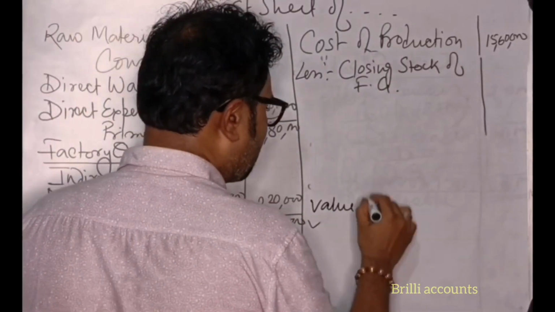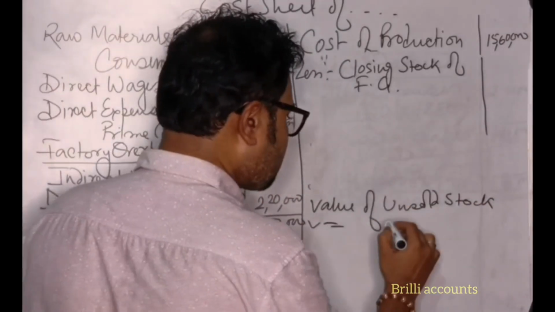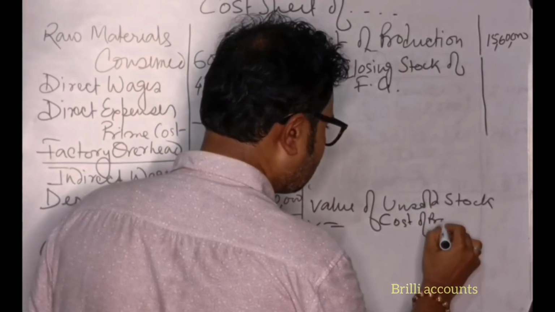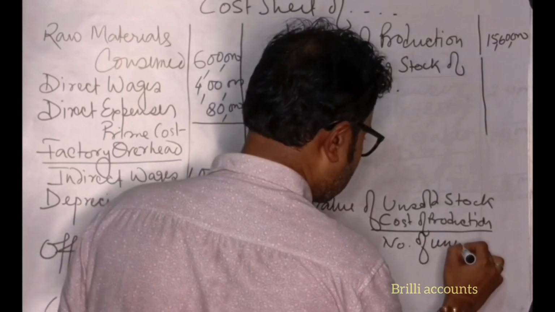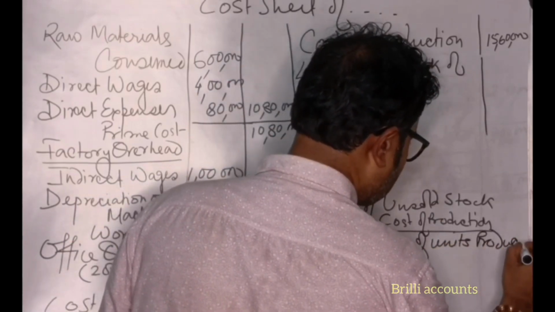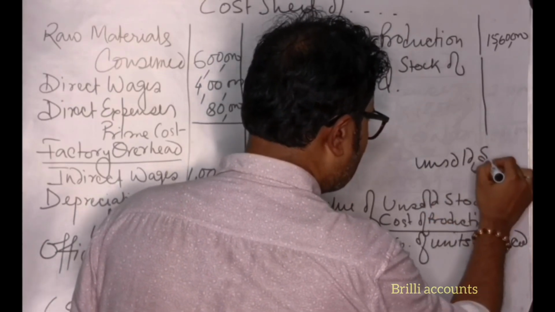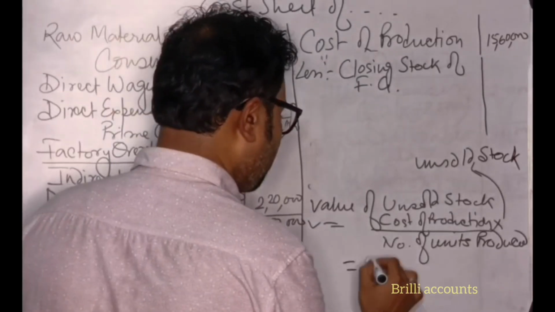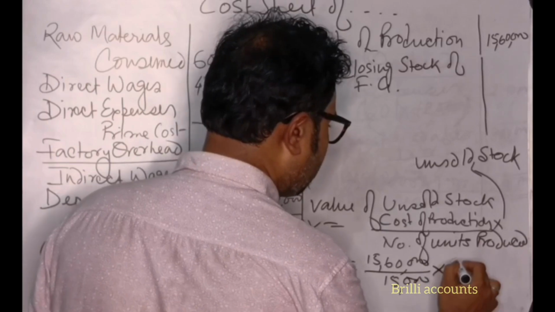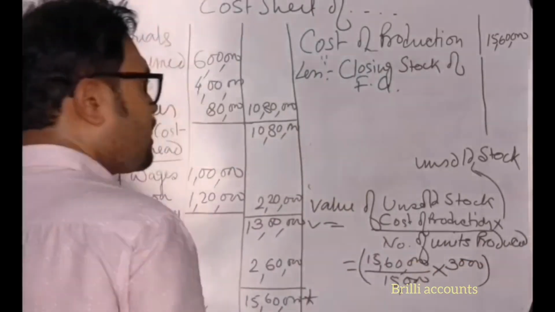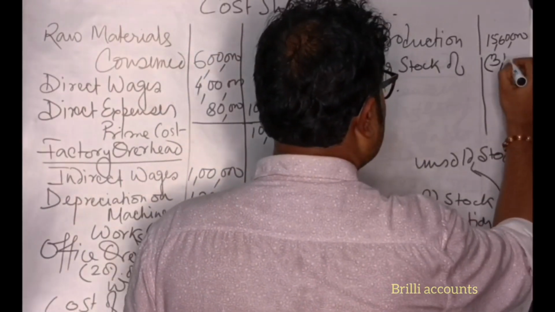Value of unsold stock: cost of production divided by number of units produced into unsold stock. What is the cost of production? 15,60,000. What is the number of units produced? 15,000. What is the number of units remaining unsold? 3,000. So how much does it come? If you calculate, it will come to 3,12,000. So 3,12,000 will be deducted from here.